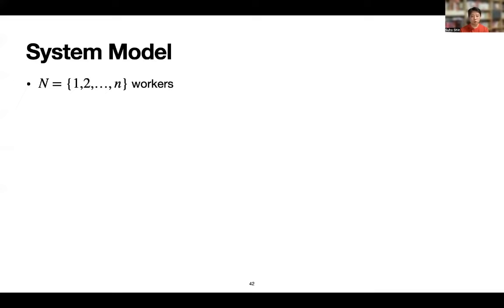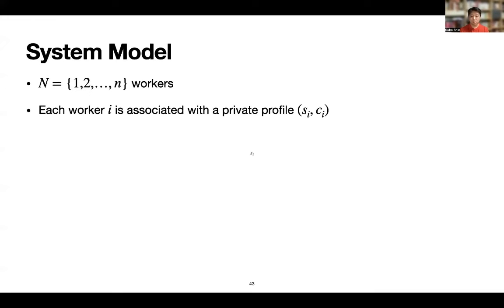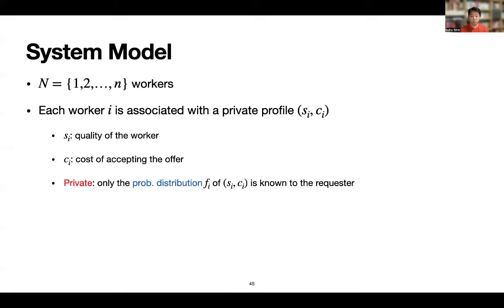So there are n workers, and each worker is associated with a private profile, S_i and C_i, which refers to quality and opportunity cost, respectively. And these profiles are private information, which means that only the probability distribution of the quality and cost is known to the requester.